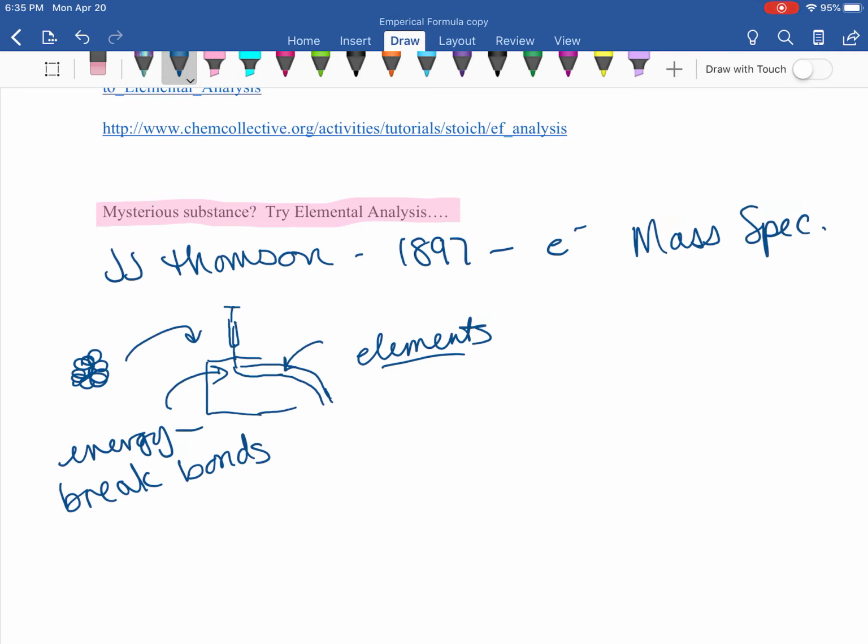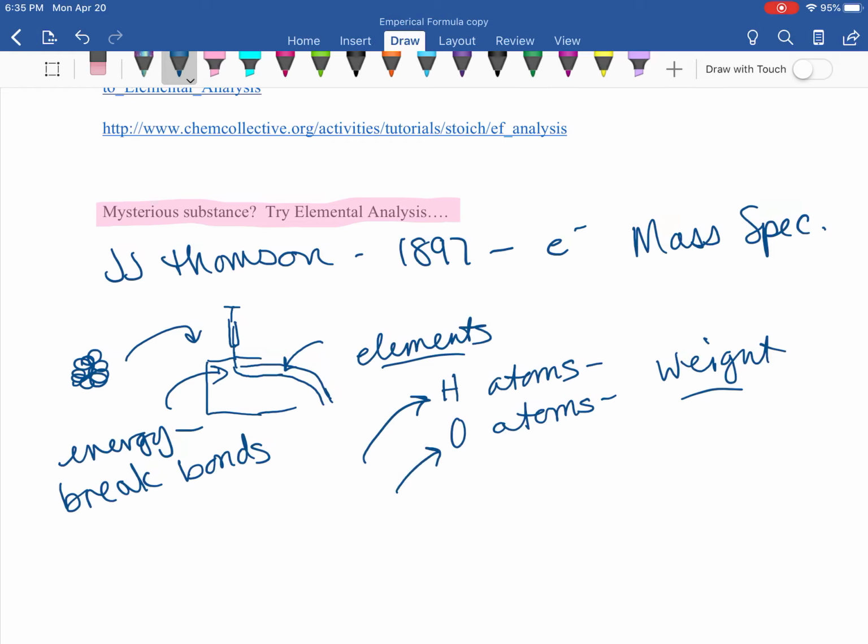You're left with whatever the elements are that make up that molecule, whatever it was. If you've broken all of those bonds, let's say you've got something like water. Well, now you've just got hydrogen atoms and you've got oxygen atoms. And we know from our last couple videos that these are different, and they're different in size and they're different in weight. So this is what we're going to take advantage of in all of these instruments.